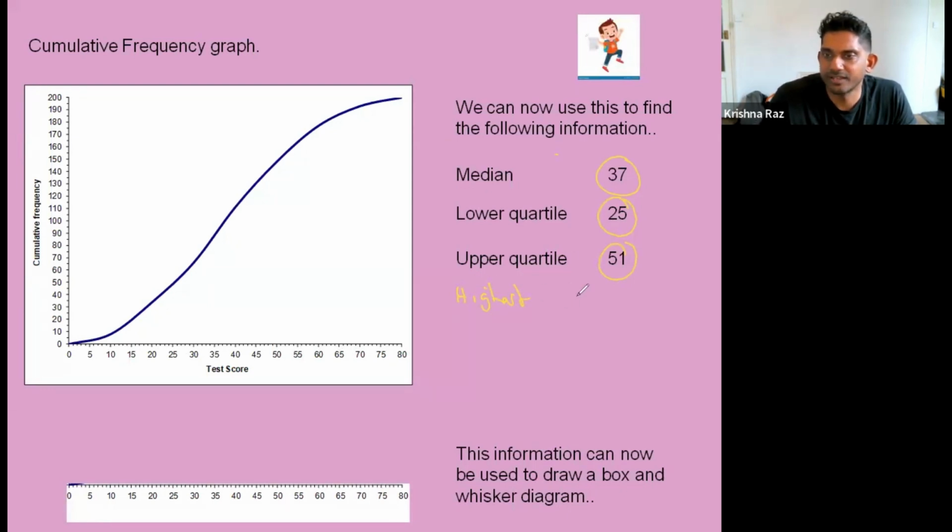Well, the highest value I said earlier was 80, and the lowest we're going to take as 0. So all I will do to draw the box and whisker diagram is just lines like this. So I'm going to do the same for these 3 values. I'm going to have one at 37, one at 25, one at 51.